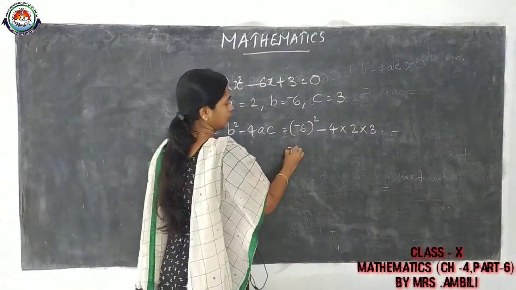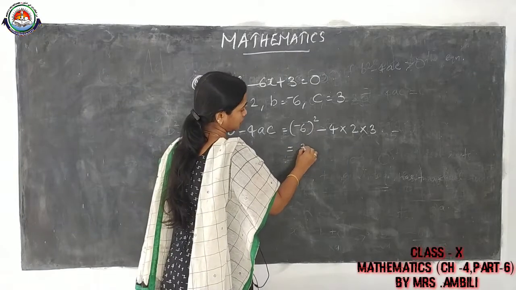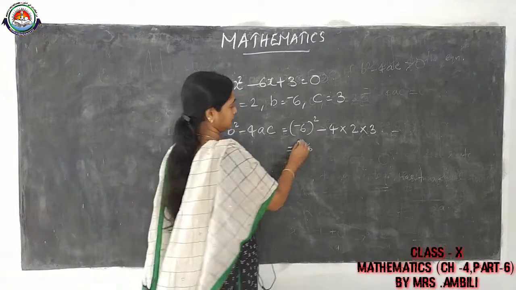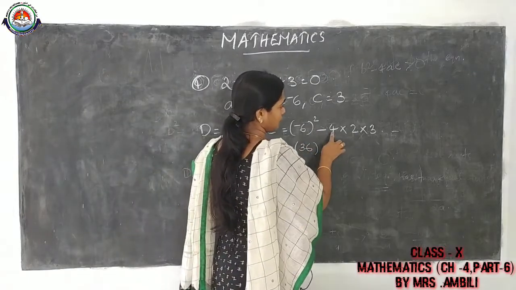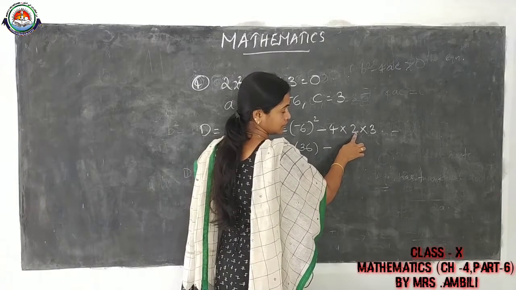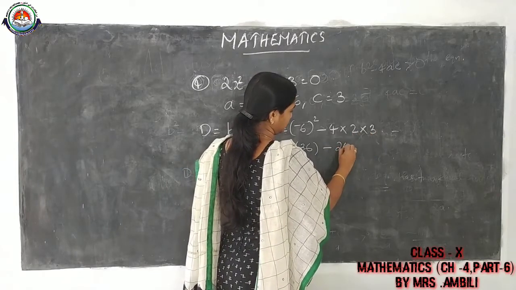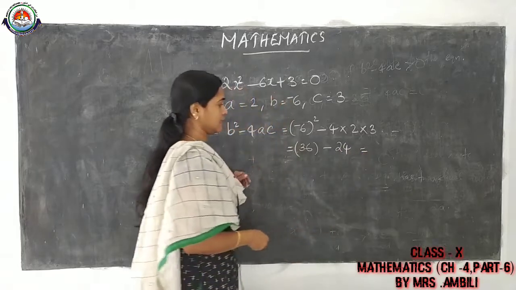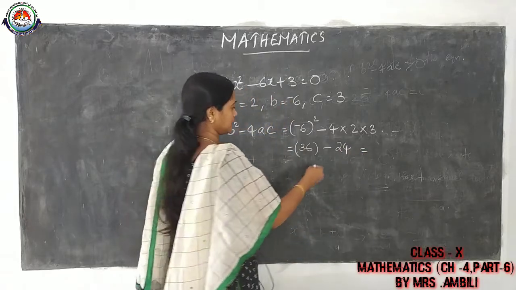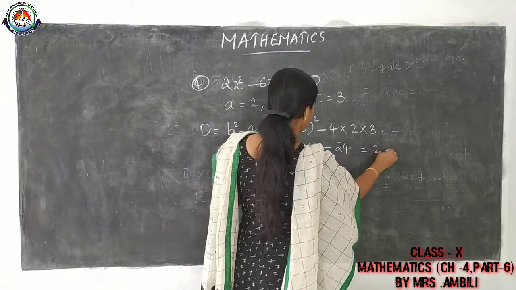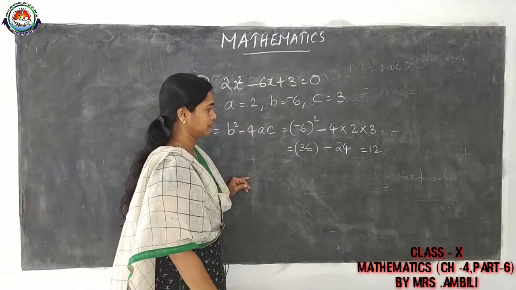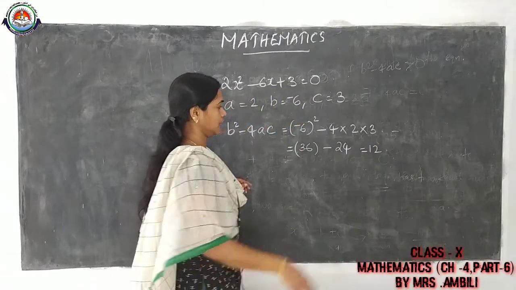So equal to 36 minus 4 into 2, 8, 8 into 3, 24. So what is 36 minus 24? 12.